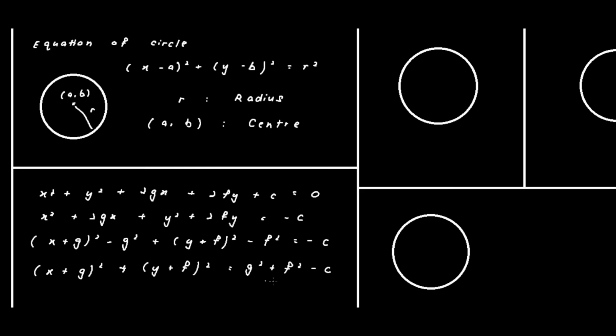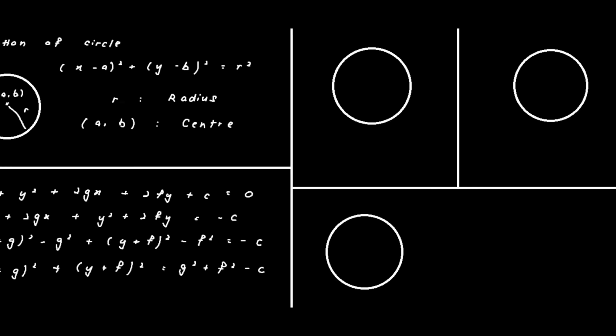Then your radius will be equal to the square root of g squared plus f squared minus c. You need not memorize this formula, but this gives you an idea of how to find the center and the radius from the general form of the equation.